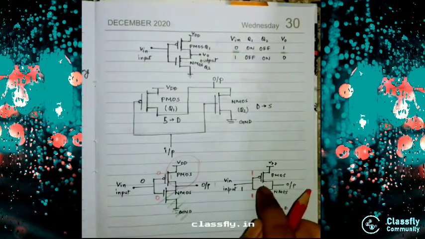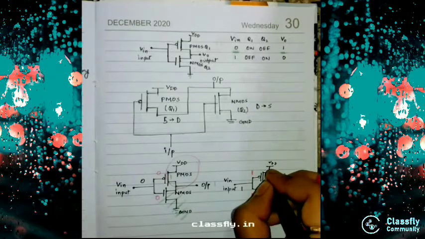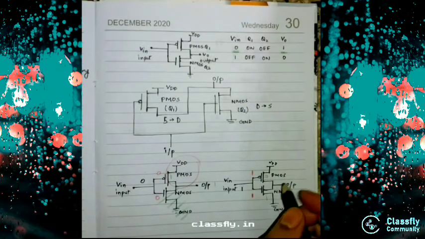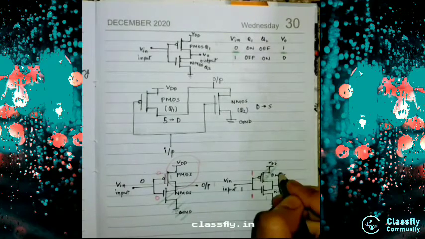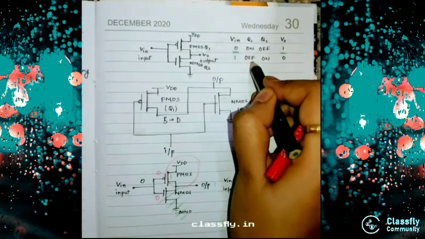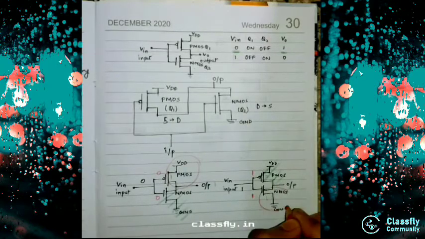But as the PMOS has the bubble, it will be 0. For NMOS it will be 1. So in this case the PMOS will be off. For input 1, our PMOS will be off, and Q2, that is our NMOS, will be on.